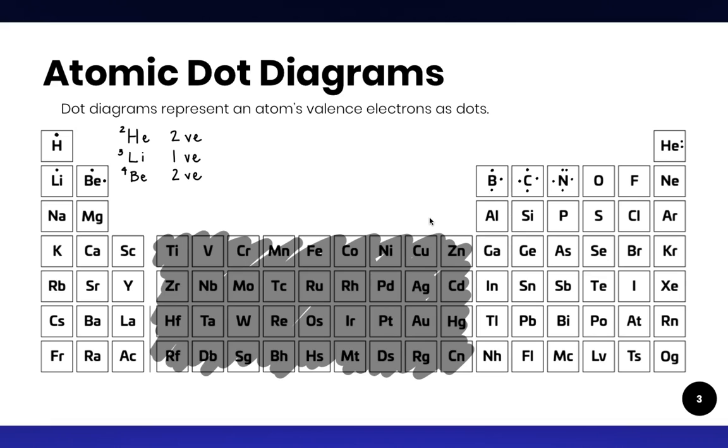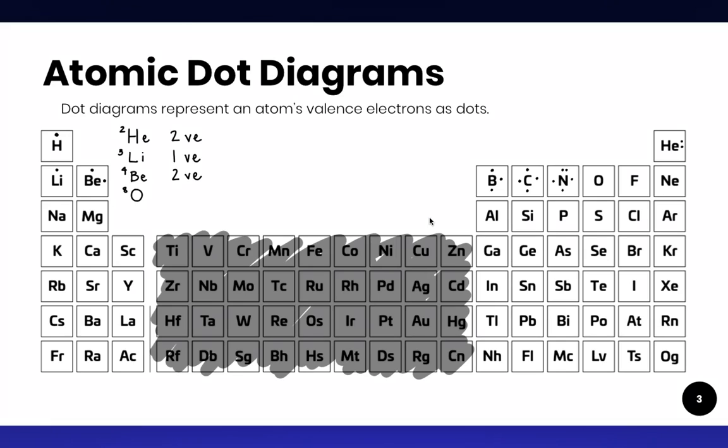We've already done boron, carbon, nitrogen. Let's skip over to oxygen with 8 electrons total.